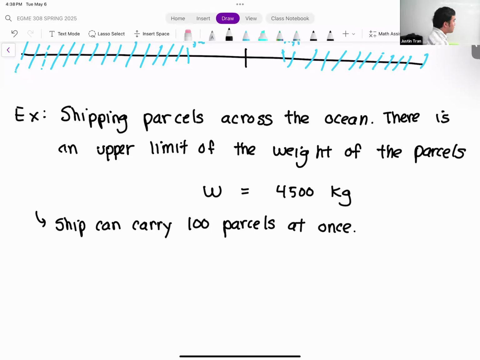And so it's okay if there are some parcels that are greater than this limit, as long as the total weight of the entire ship is less than 100 times this. So we're going to measure the weight of every single parcel that comes onto the ship, and we're going to use hypothesis testing to see whether the ship is able to set sail.